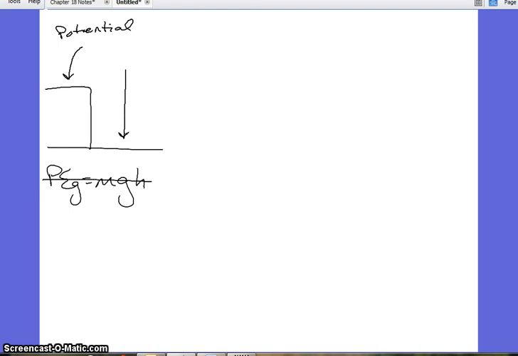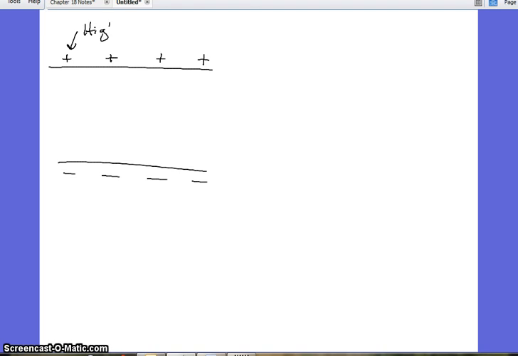Now let's go and actually apply this to electricity. So now instead of a table, we have two charged plates, a positive and a negative. Again, just by being higher up, we say that it has a higher potential of some sort. There is no charge in this situation, so there is not a potential energy, but it's a higher potential.